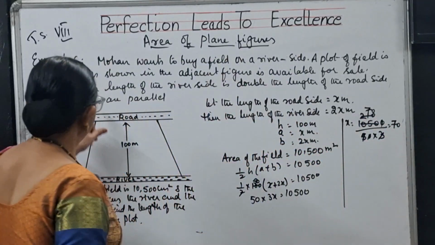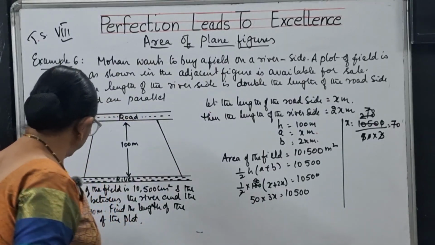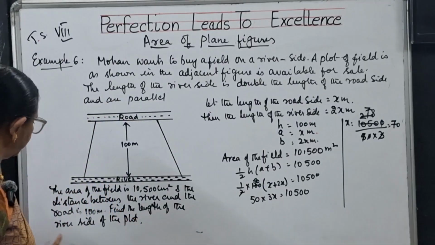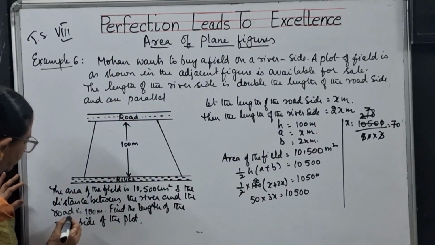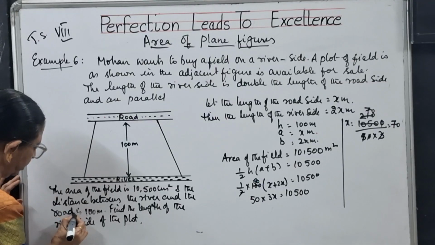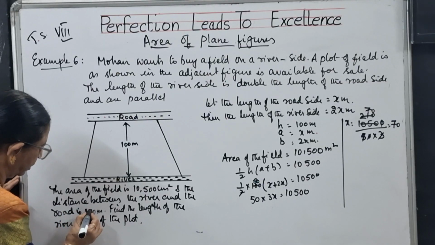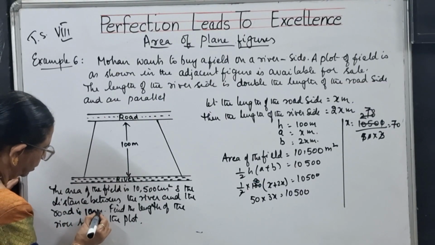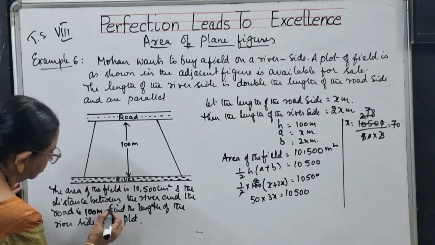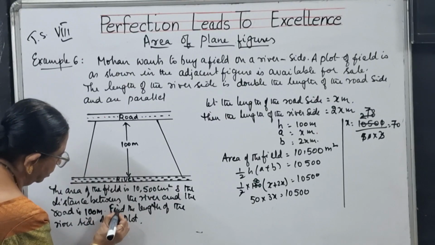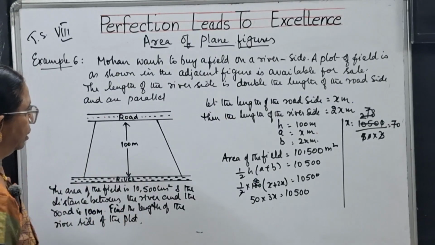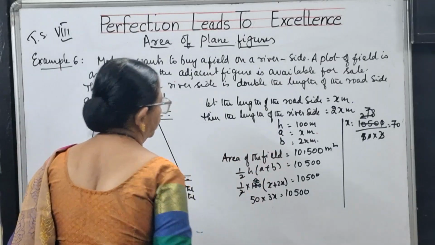Now the question is to find the length of the river side plot. So the river side plot, how much have you got here? River side plot is 2x.